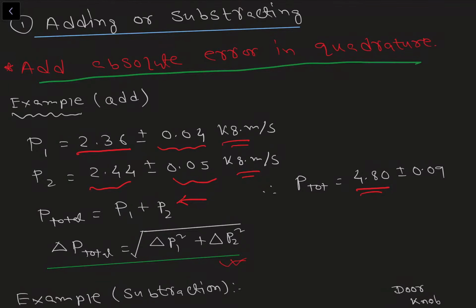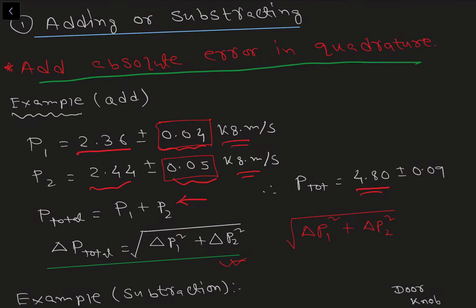Now the error in our P total will be the absolute error of P1 squared plus the absolute error of P2 squared, and then we take the square root. Here the absolute error in case of P1 is 0.04, and in case of P2 it is 0.05.